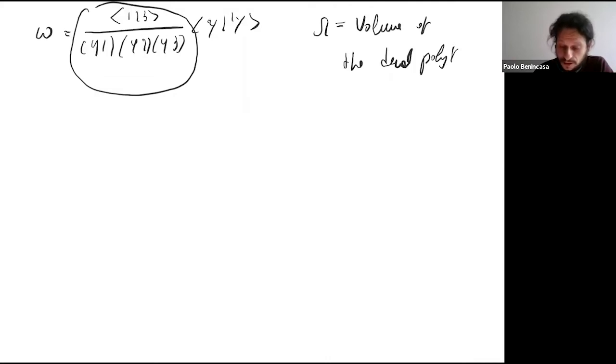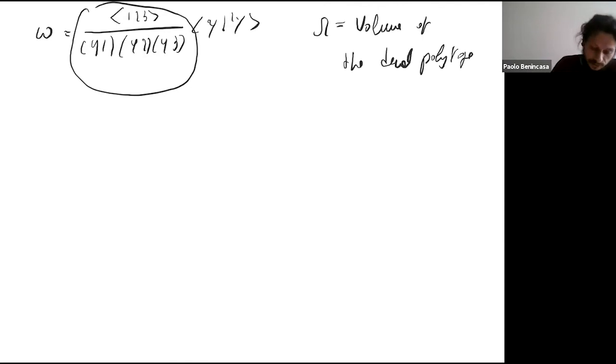To see it, you can think about the formula to compute the area of the triangle in this case, which is given by the determinant of the vertices. So this object is what we obtain by just thinking about the area.